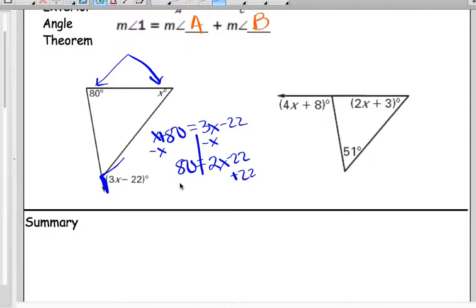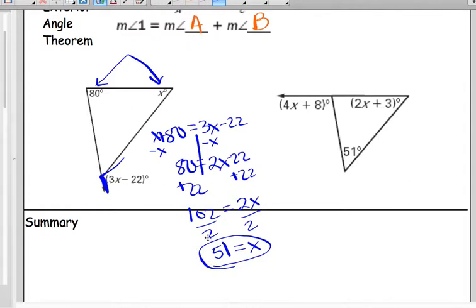Adding 22, 102 equals 2x, and dividing by 2, 51 is x. So I think all they wanted us to do on this problem was to find x. We didn't have to plug it in or anything. So for that one, x is 51.